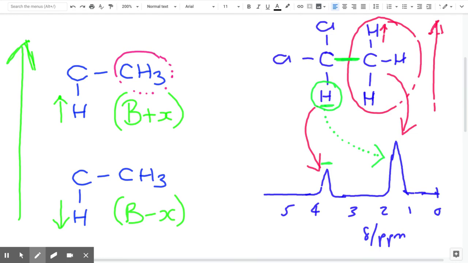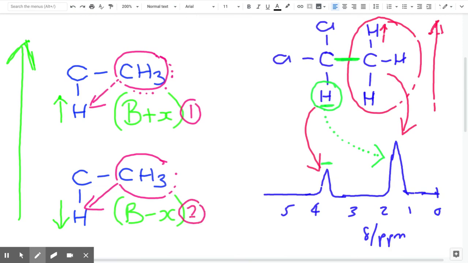Remember, this is looking at the peak of the CH3. But what is going to happen is this CH3 peak is now going to be made more complicated by the presence of this adjacent proton. And actually, the CH3 peak now gets to observe one possible magnetic field peak. It now gets to observe a second possible magnetic field peak.